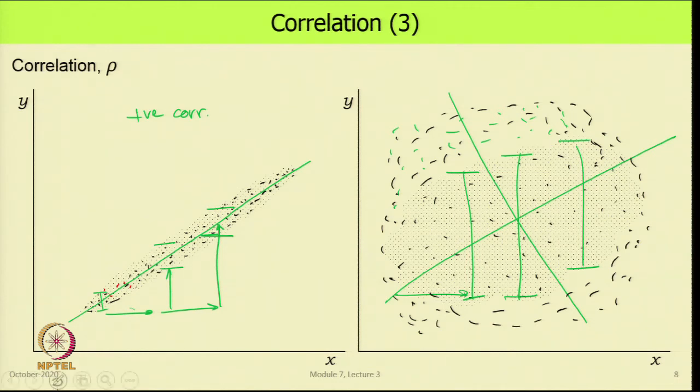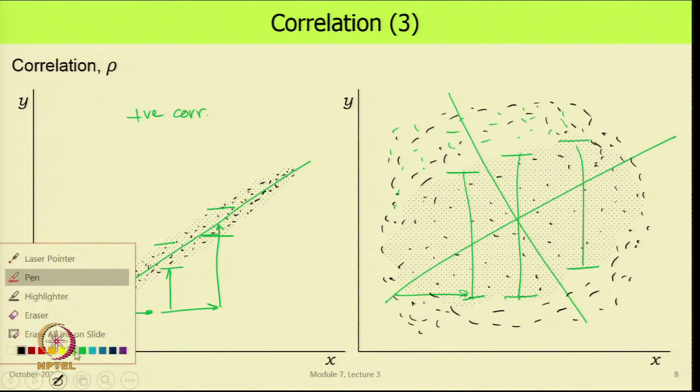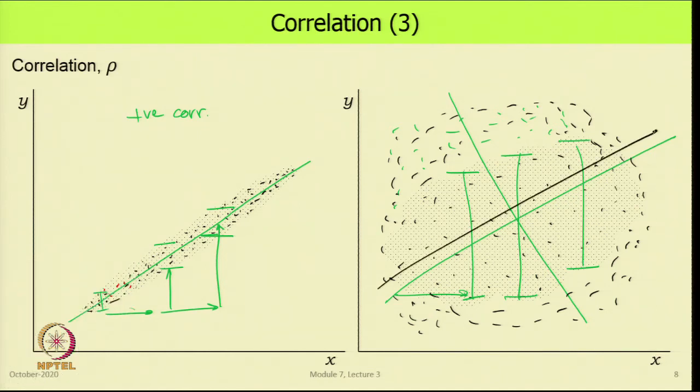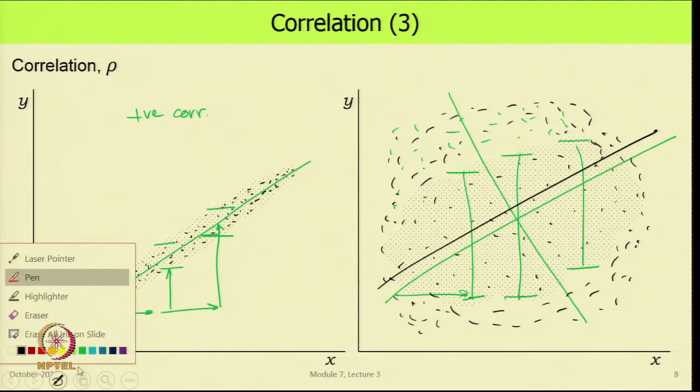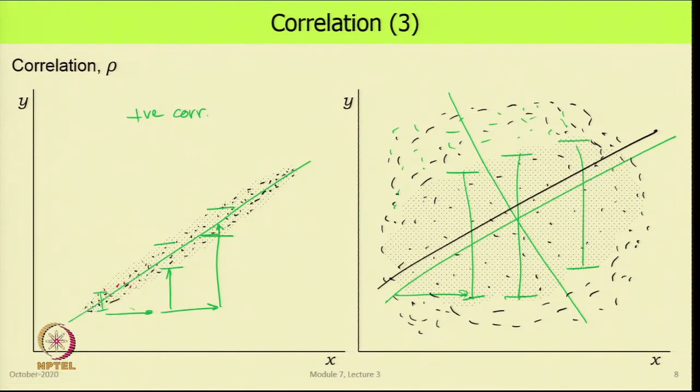And then if someone says, I have got this data, but I want to do a linear regression on this, then we can see here that this line could be as justified as this line, or even this line.